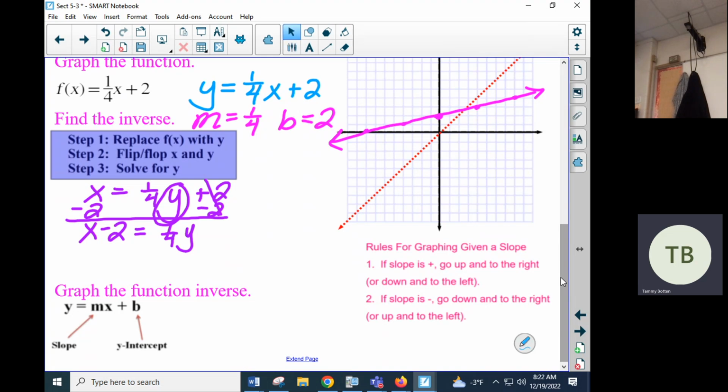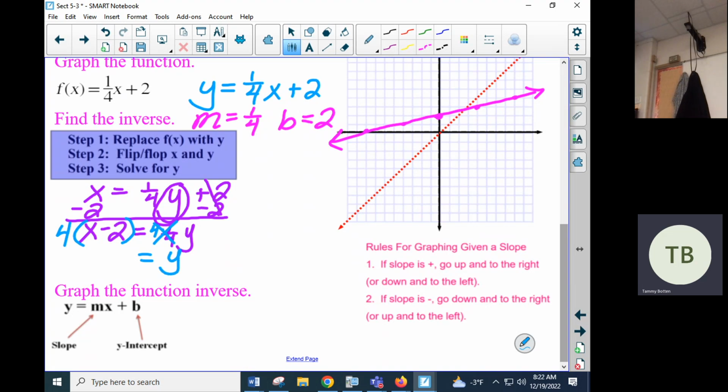And how you can do that is if you multiply 1/4 times 4, 1/4 of 4 is just 1, so that gets rid of this. And because I multiplied by 4 on the left side, I have to multiply by 4 on the right. Now on the right side, we're just left with y.